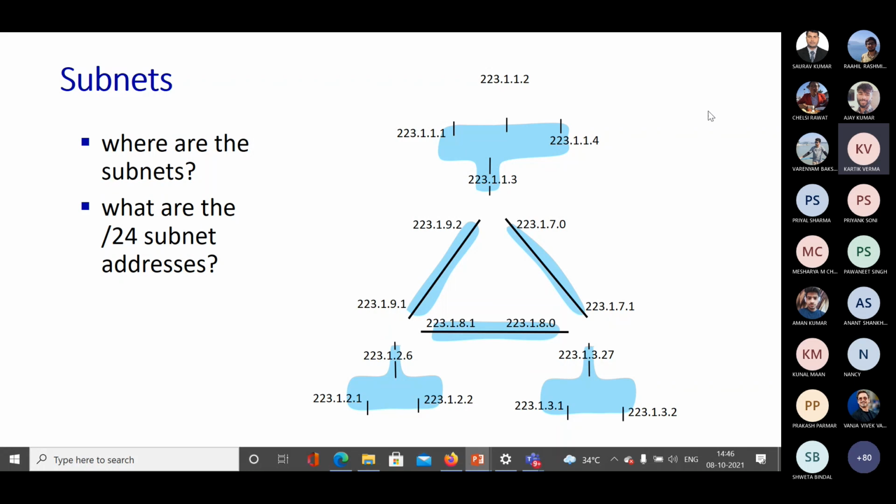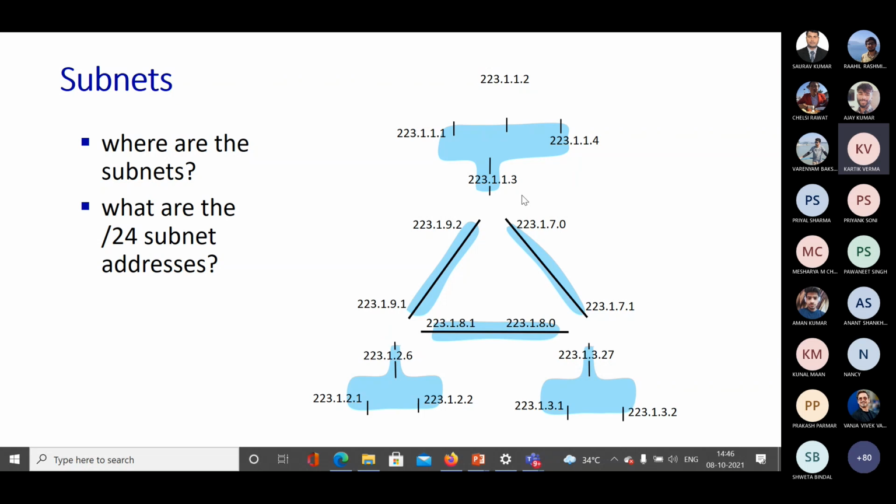In each subnet, you will have your hosts which have different IP addresses, but this subnet part will essentially determine what colony they belong to, right? So if you see the first subnet, that is the top one, you will see that the IP addresses are like 223.1.1.1, 1.1.2, 3 and 4. These are the 4 devices.